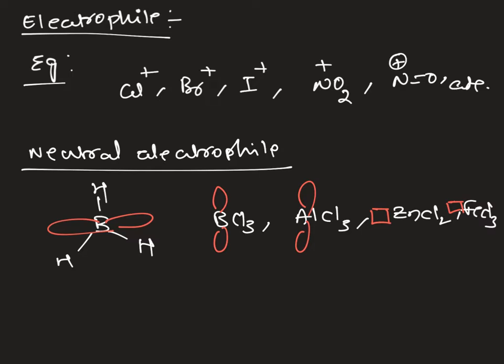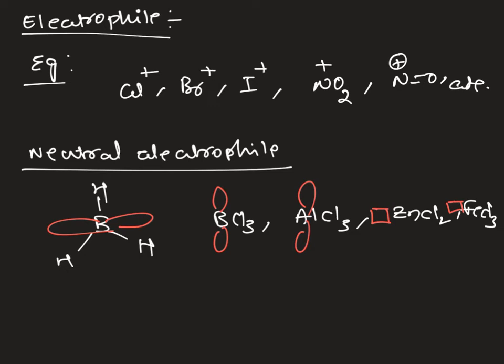So these empty orbitals are available for acceptance of electrons. That's why we call them neutral electrophiles. And all neutral electrophiles are Lewis acids. So Lewis acids come under neutral electrophiles. By the definition, a Lewis acid accepts an electron pair.